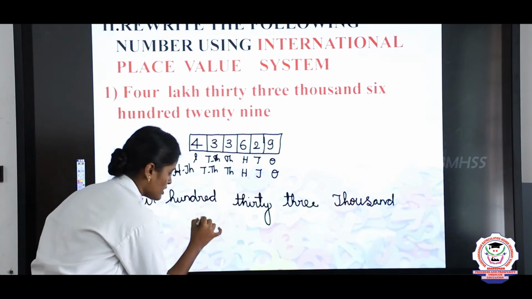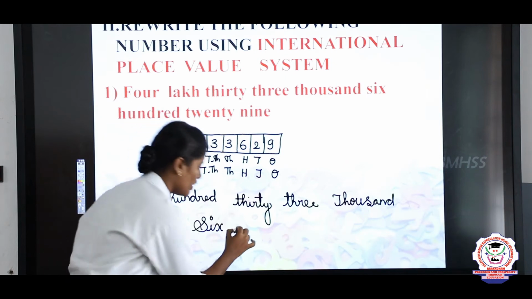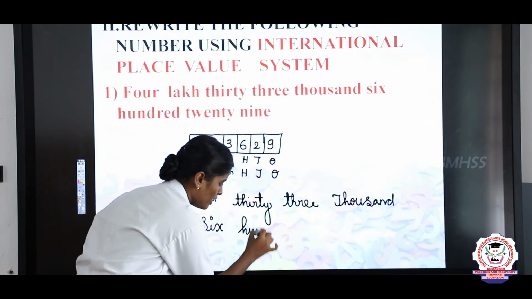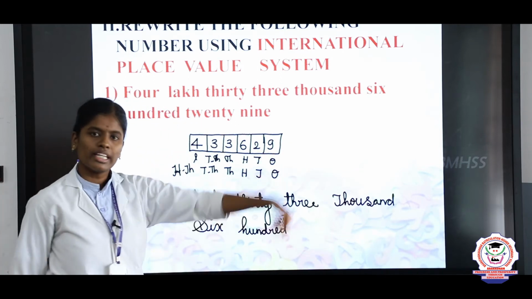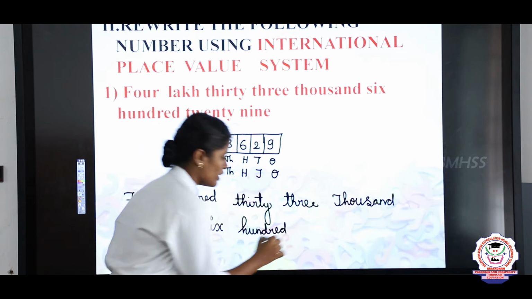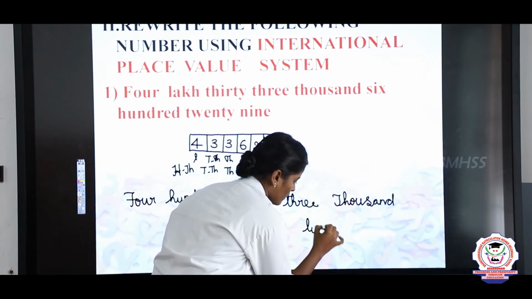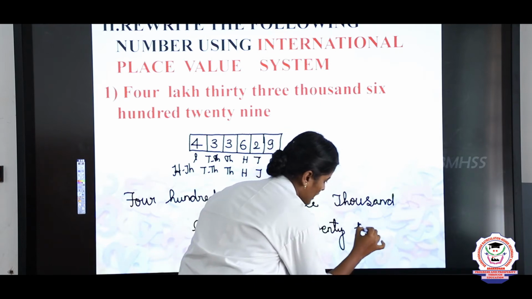Then 433,629: 629, SIX HUNDRED. The final number is 29. What is the spelling of 20? TWENTY, 20, and finally 9.